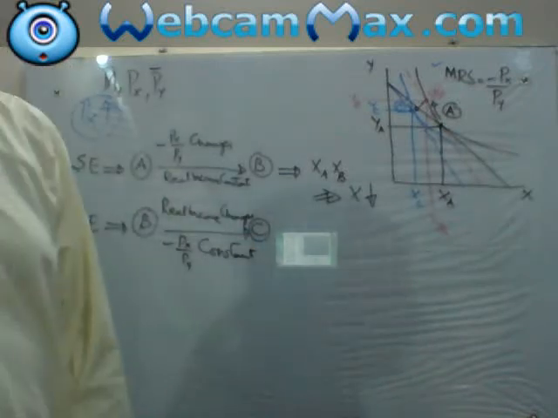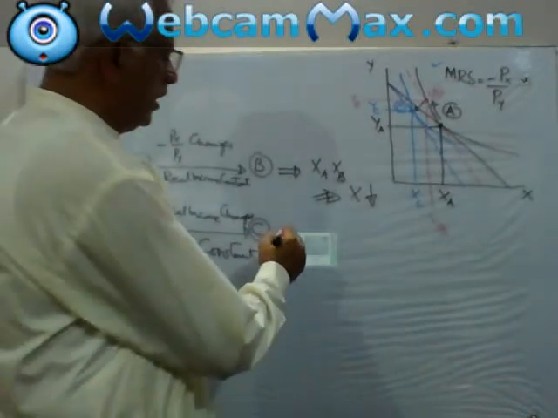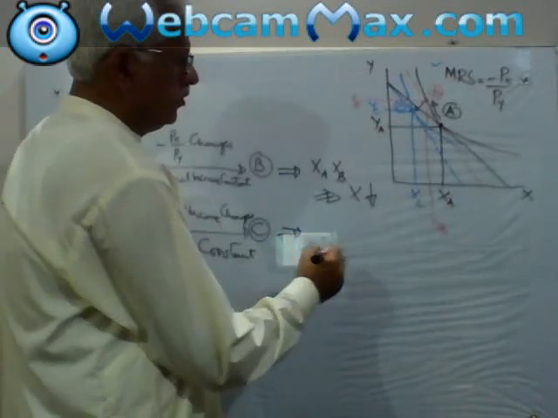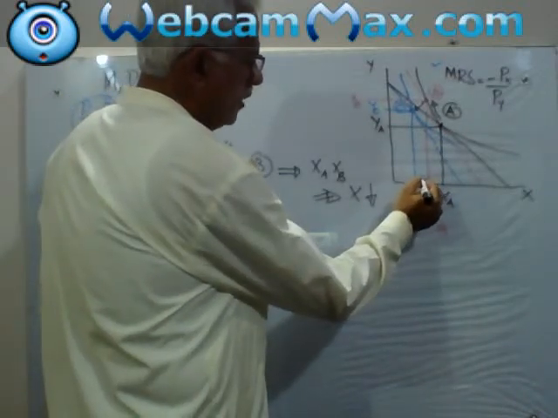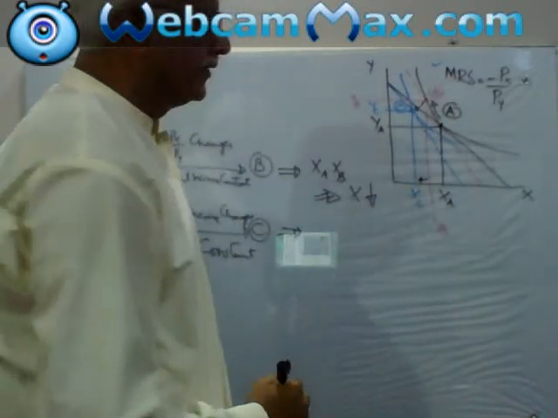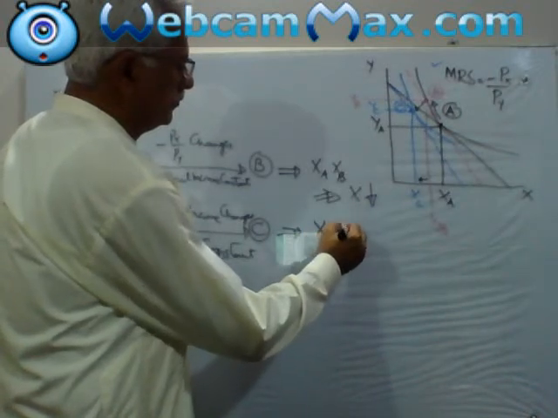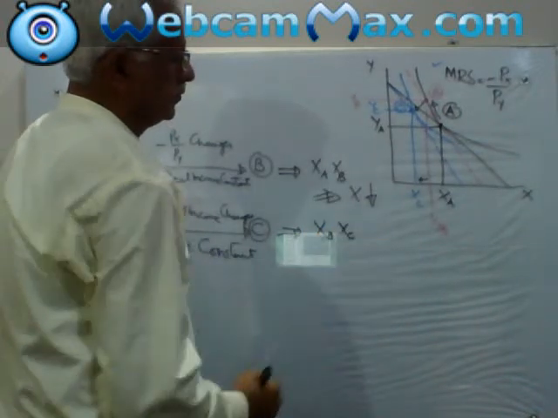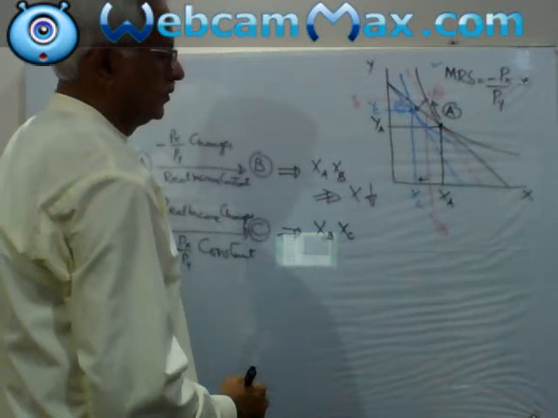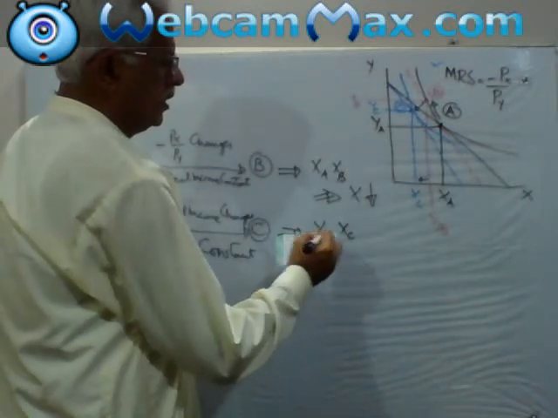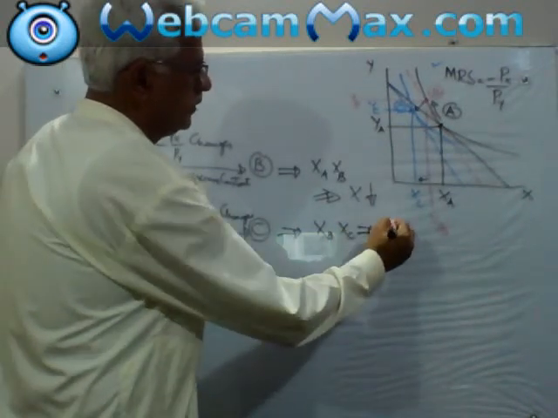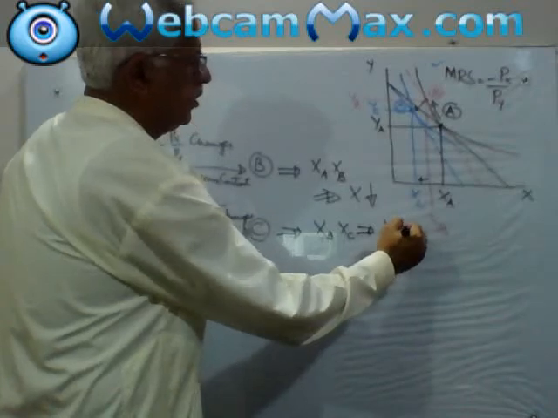As a result of this, the consumer reduces from XB to XC, that means X reduces.